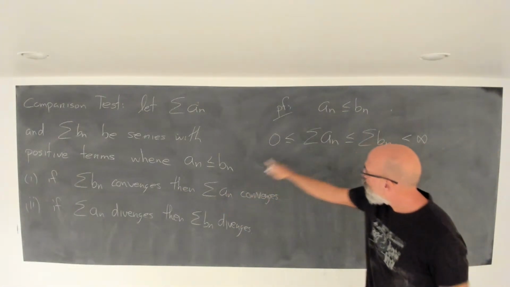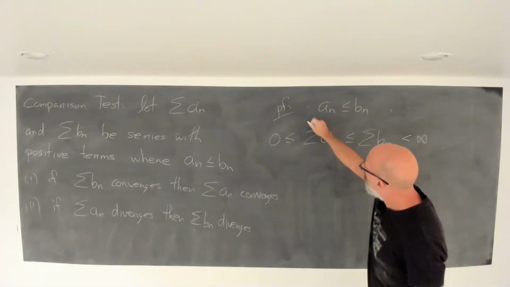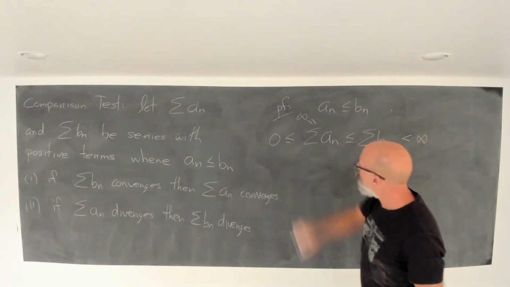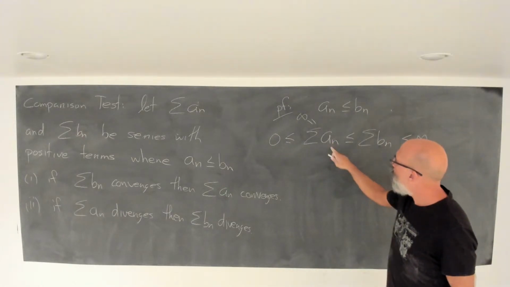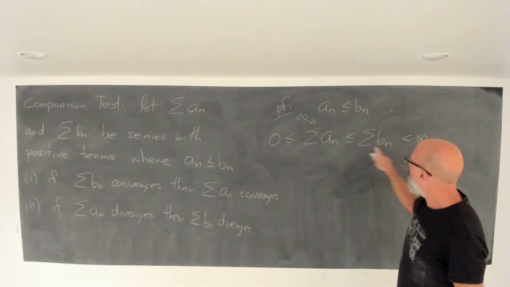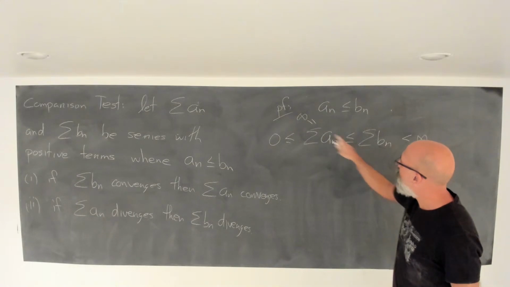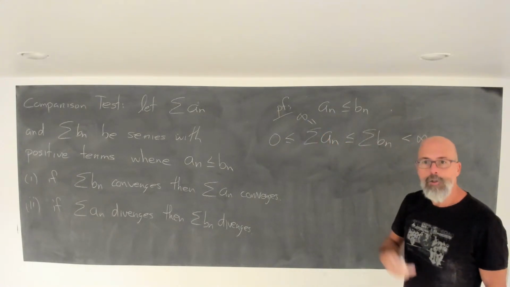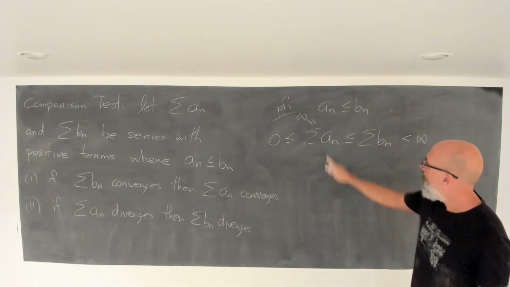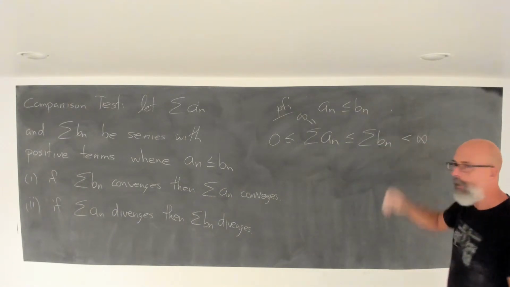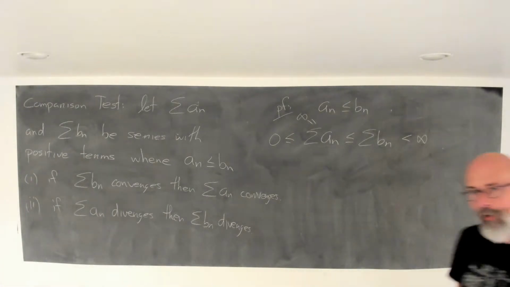Similarly, if the small one diverges, what does it mean to diverge? It means that the sum is infinite. If the small one diverges, then the big one is bigger than or equal to infinity. So the big one has to be infinity as well. If the small one diverges, the big one has to diverge. And there it is.